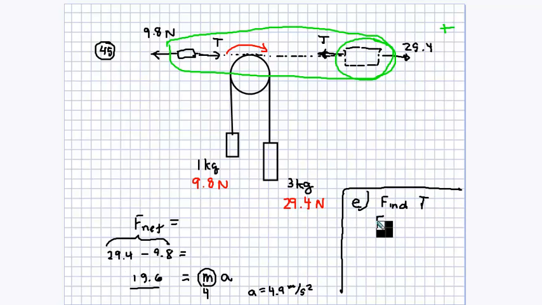Always wise. The mass of this system, 3. The acceleration of this system, 4.9. How many forces are involved? 2. 29.4 positive and T negative. Solve for T.